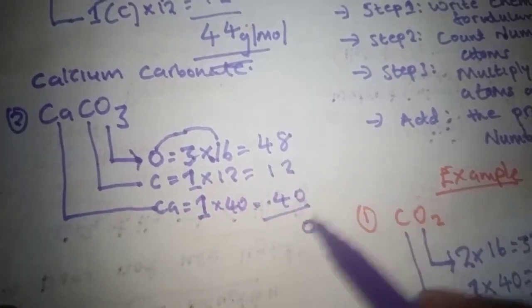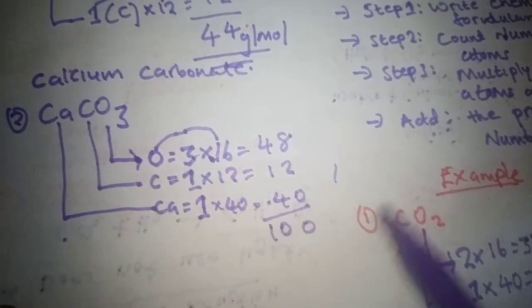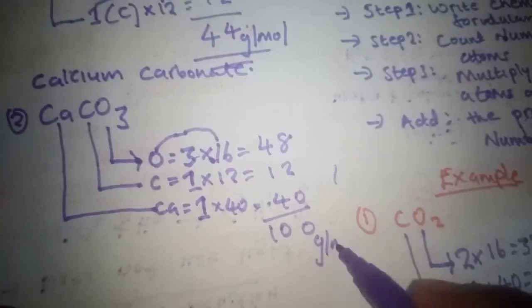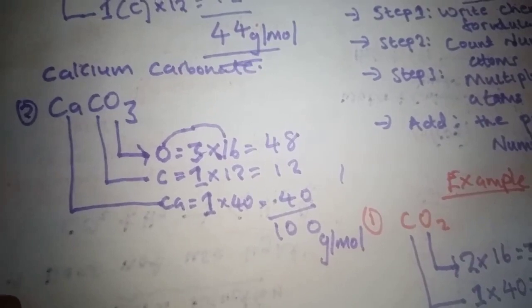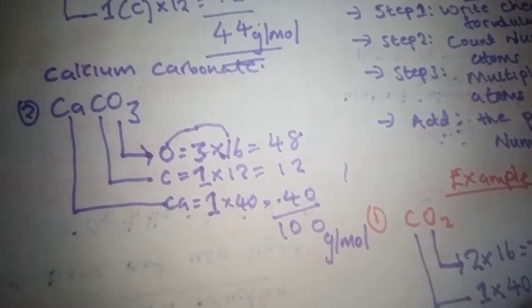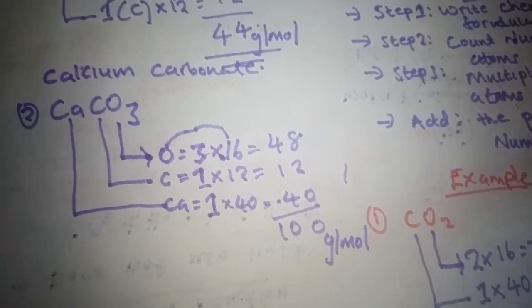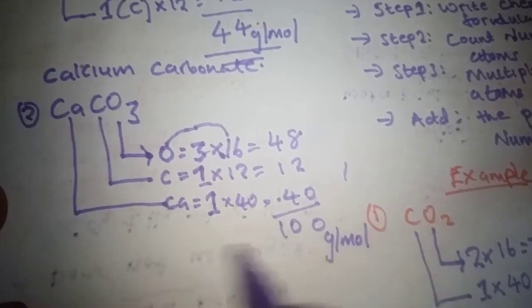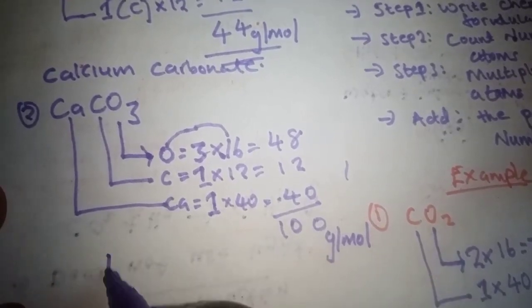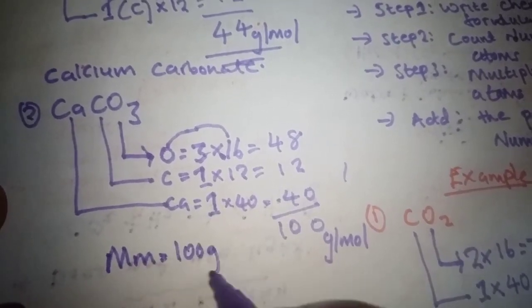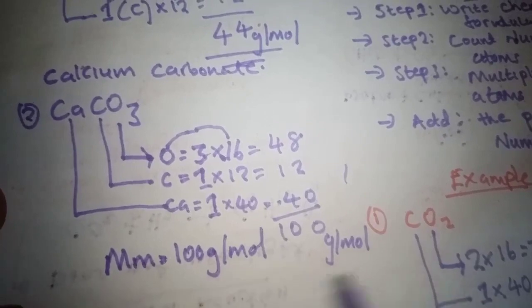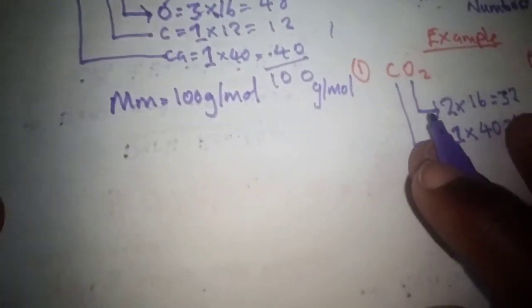You add this, 0 carry 1, and you get 100. So 100 grams per mole. So that is the relative molecular mass for calcium carbonate. Or we can say the molar mass is 100 grams per mole.